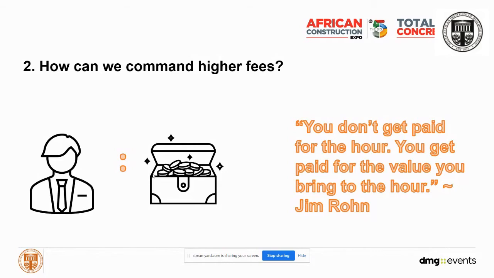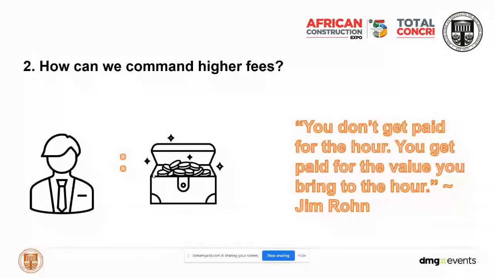And so you'll find that some companies are able to command such high fees, and you ask yourself, how is that even possible? And I'm talking about fees higher than the standard guidelines that are suggested by SACAP. And what I realized was that what these companies charge is what they call value-added fees.